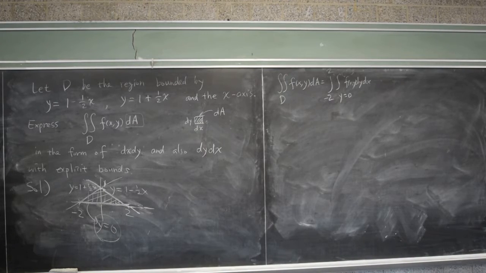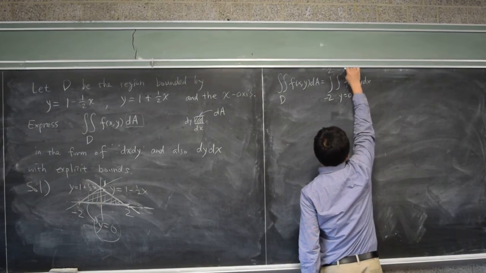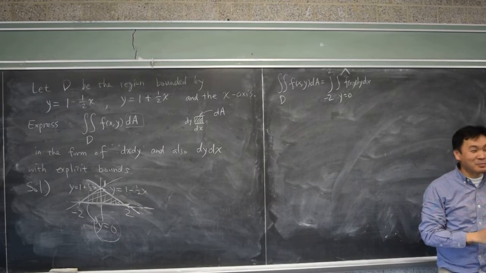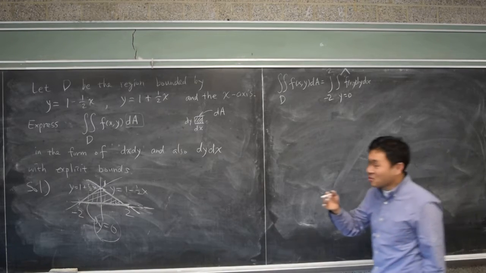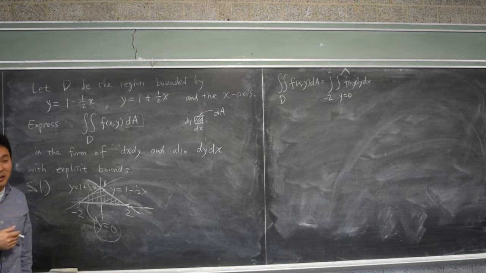So that's the best I can do at this point. But why do you have to describe everything at once? Maybe a better way to describe it is to make it a sum of two things, this plus that. How's that? Not bad, right?